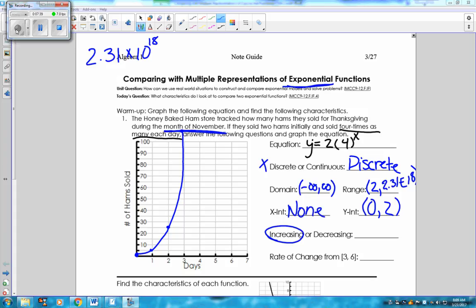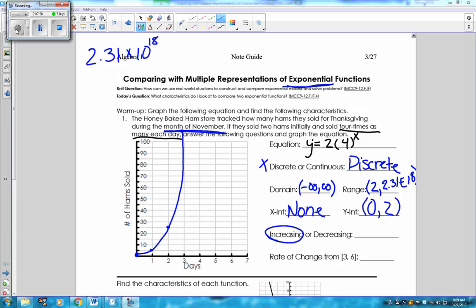So at any point that the graph stops, then it's discrete. But if it continues for infinity, then our graph is continuous.